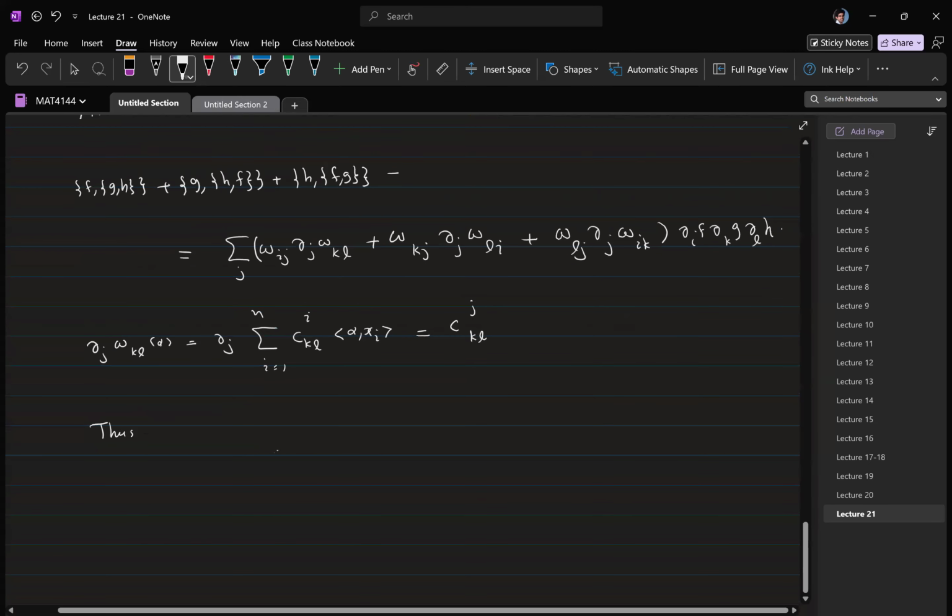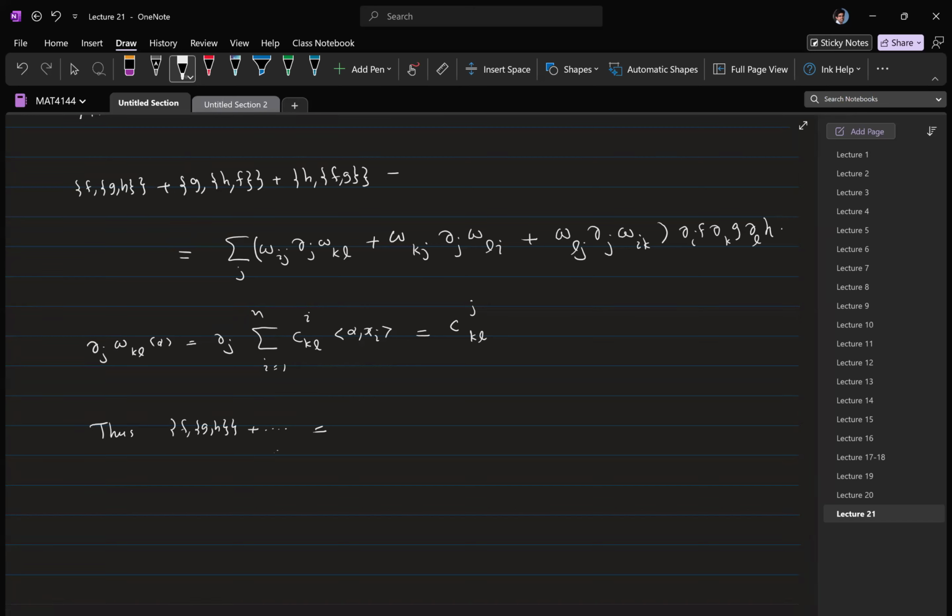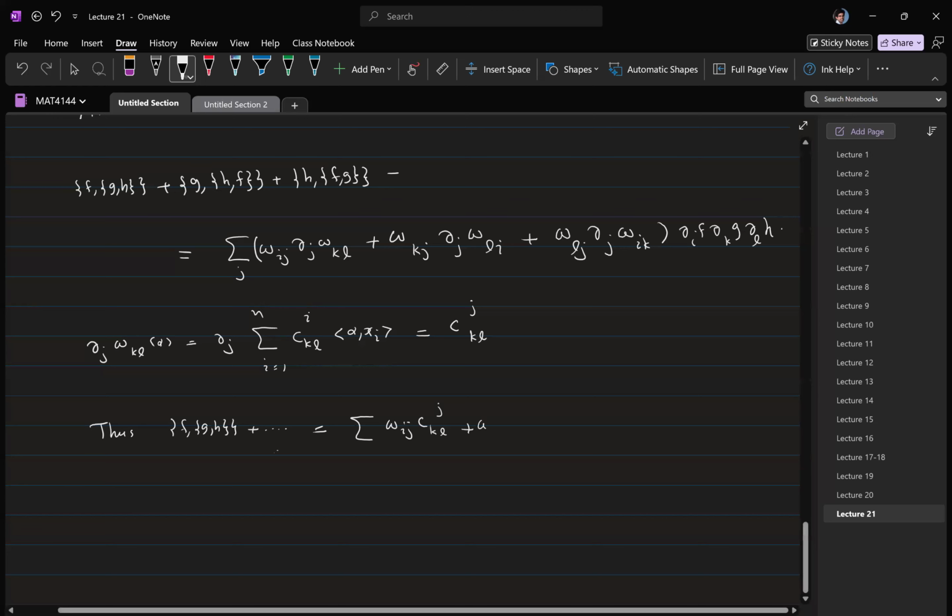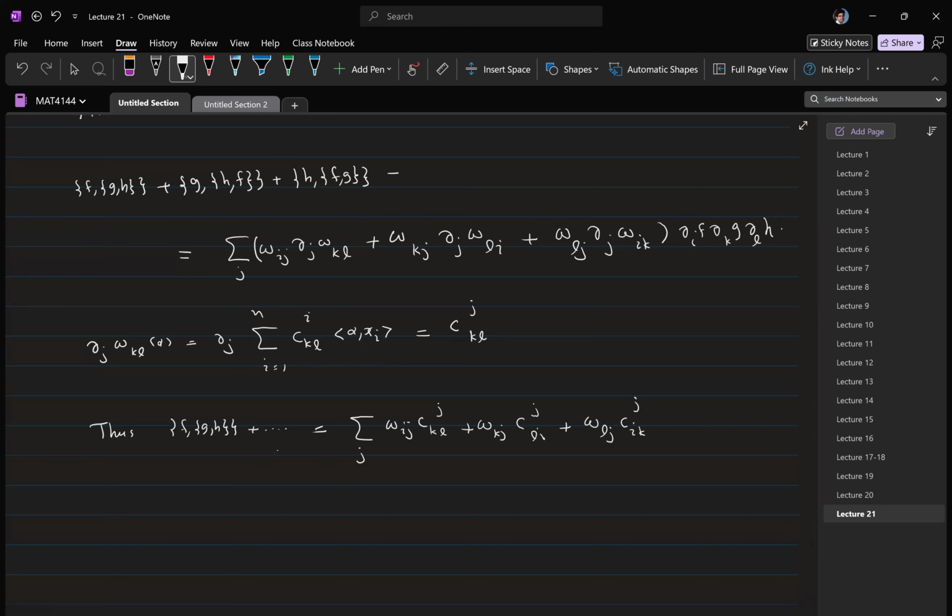So the Jacobi for this, FGH plus the other terms, is equal to a double sigma of Wij CKLJ, plus WKJ CLIJ, plus WLJ CIKJ, with the summation on J. And as I was doing the calculation before class, you basically see the Jacobi identity for the Lie algebra. So if I can write out that formula, that will be great.